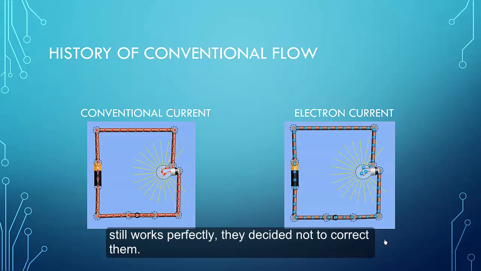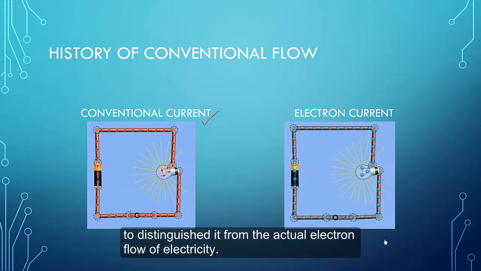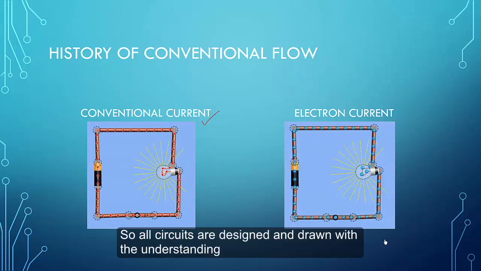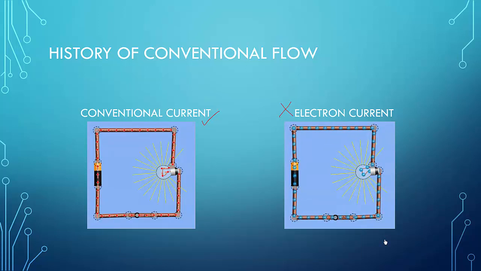So they decided not to correct them. Instead, they labeled the incorrect positive charge flow as conventional current to distinguish it from the actual electron flow of electricity. So, all circuits are designed and drawn with an understanding that conventional current direction is used and not electron current flow.